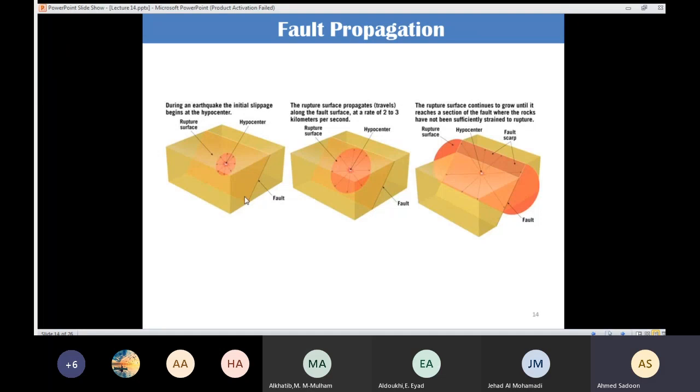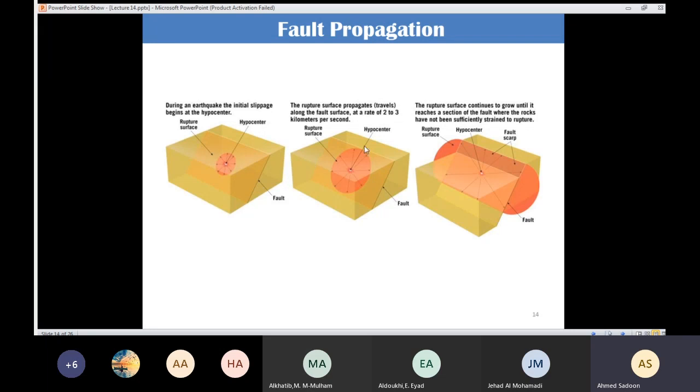So the movement is going to take place within that surface here. The displacement will initiate at that point, at the hypocenter. Then the movement is going to propagate through the rupture surface, so the propagation of the displacement is going to be along the rupture surface.